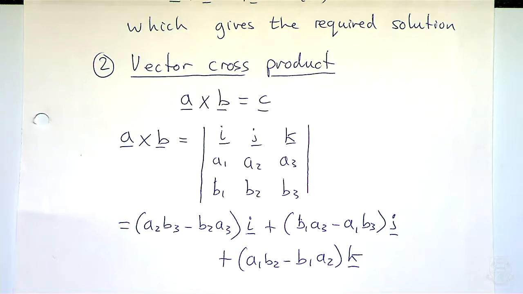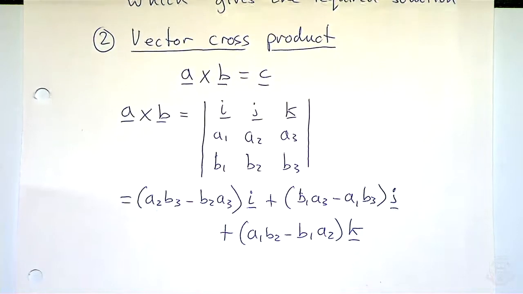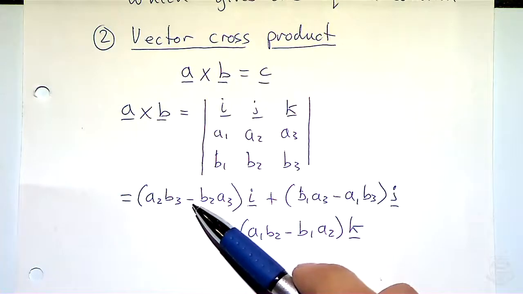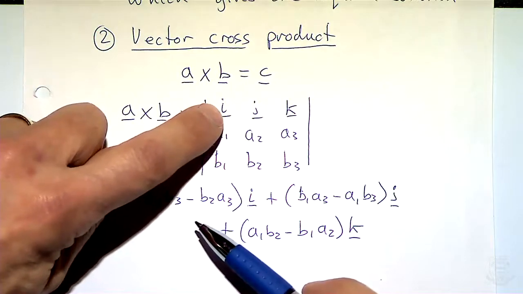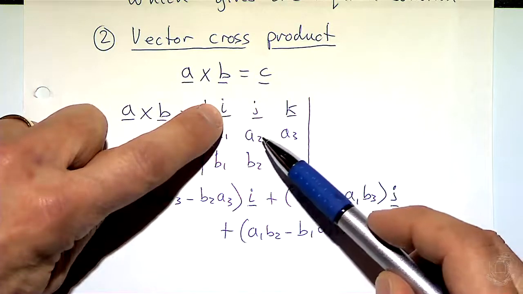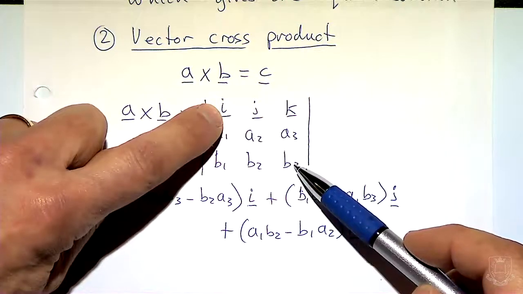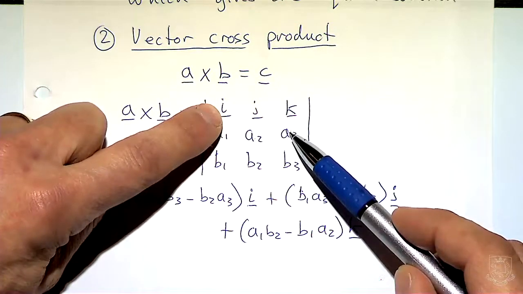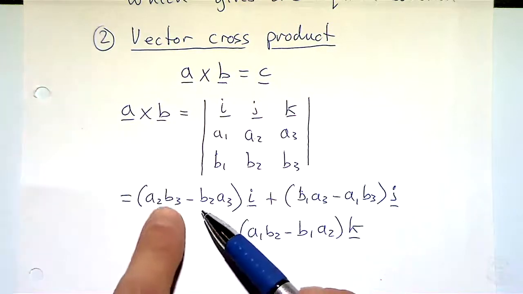And there's a pattern for doing this. So the first component, the component relating to i, is this determinant, A2 times B3 minus B2 times A3. So that goes in this bracket.